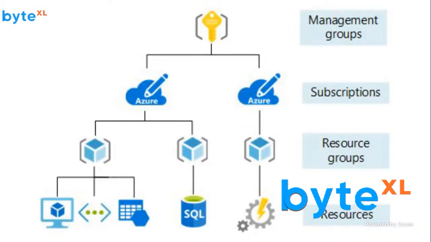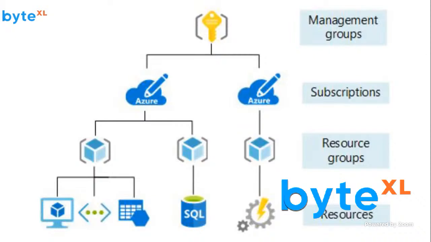If you no longer want an application, you can directly delete its resource group. Once you delete the resource group, all the resources within that group get deleted, and the billing for that resource group stops.